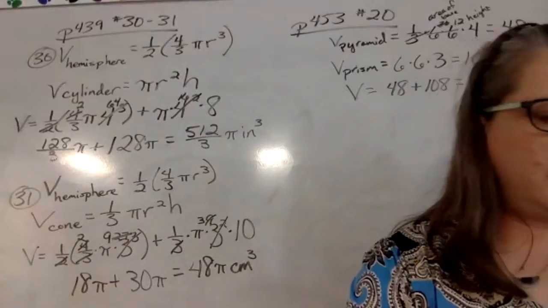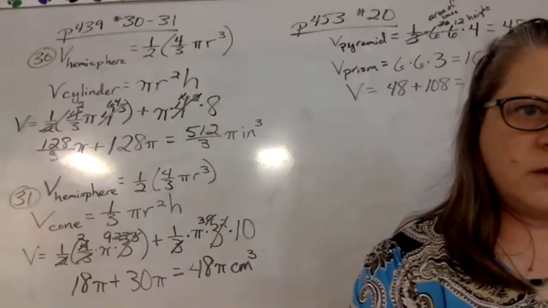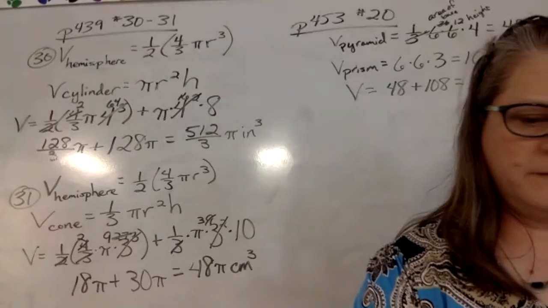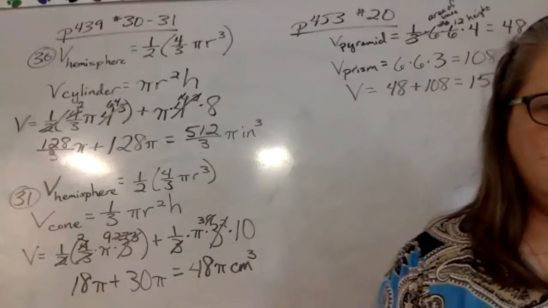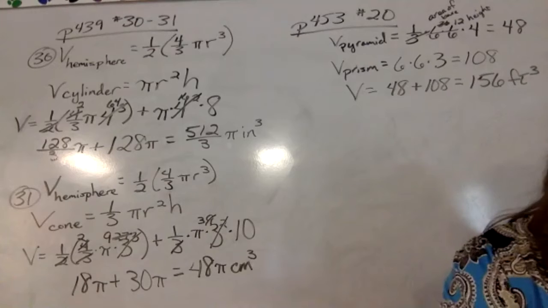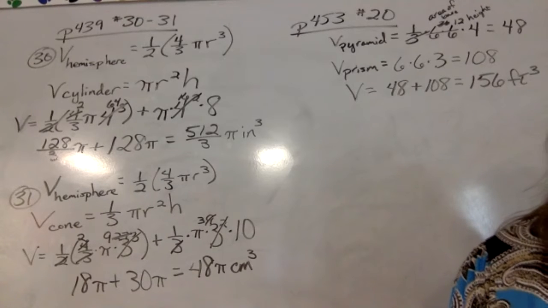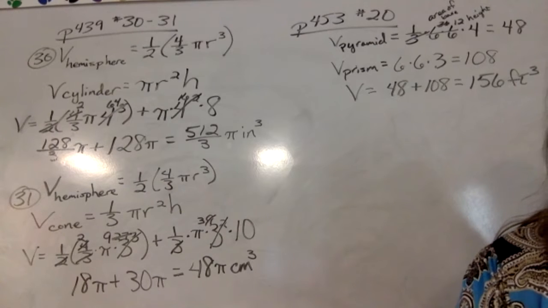Okay, but I wanted to do some of those because one like that will show up on your test when we have our test over chapter 9. So that's why I wanted to cover that. Okay, so everybody make sure that you have those problems down. And then I want you to make sure you have your chapter 9 notes. Did everybody fill in their chapter 9 notes that were in their folder?